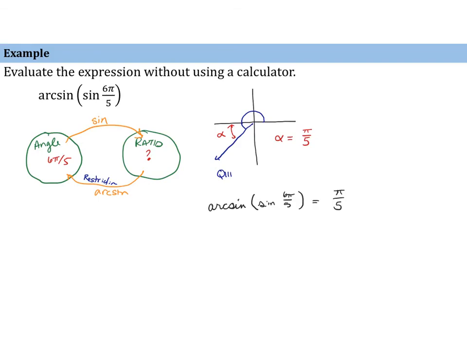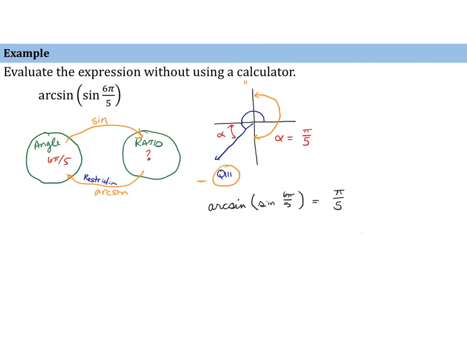So we know that arc sine outputs between negative pi over 2 and pi over 2. In quadrant 3, sine is negative. So how do we land between here and here with a reference angle of pi over 5, but have a sine that's negative?